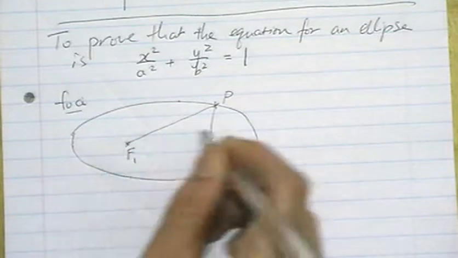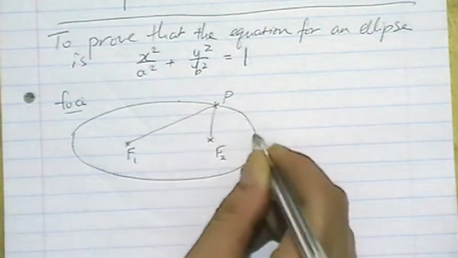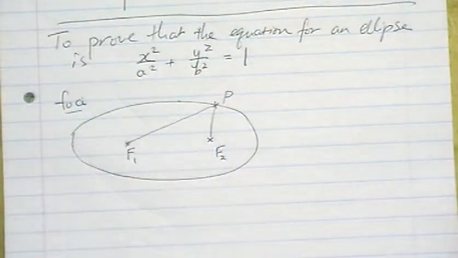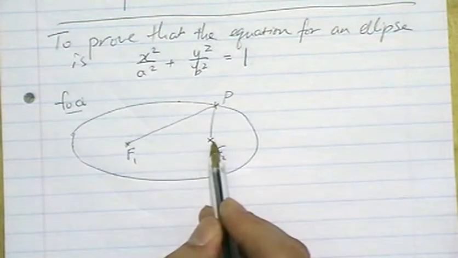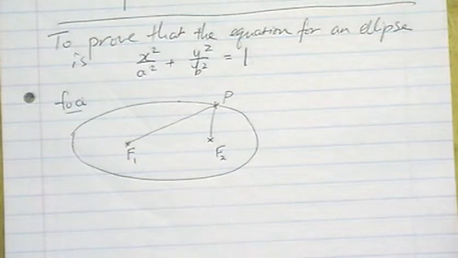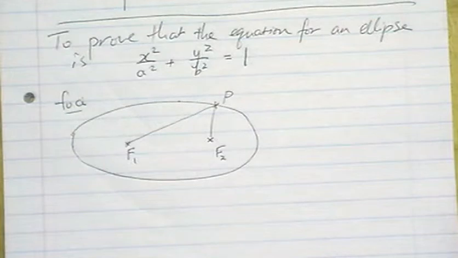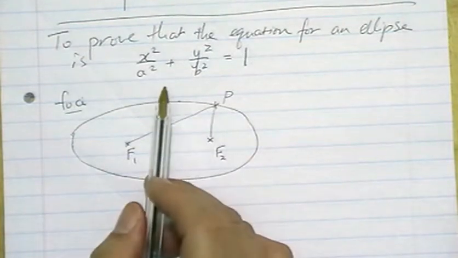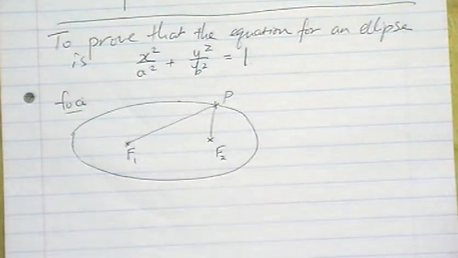And if you do that with the pen on the paper, you would actually trace out a perfect ellipse, or almost perfect ellipse. So that's a nice way to visualize this definition. Now, using this definition, I shall try and show that we can arrive at this form of the equation.